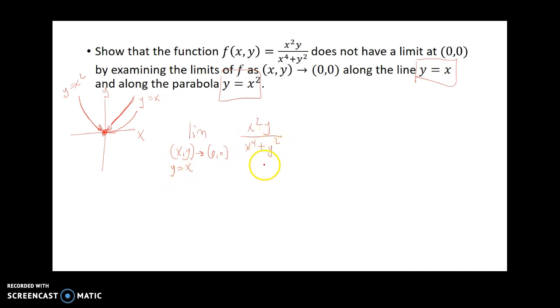If y is always equal to x, then this is the same as the limit as x and y approach 0, 0 with y equals x. So I can replace the y variable with x. I get x squared times x, over x to the fourth plus, well, y squared, and since y is equal to x, if I replace y with x here, I get x squared.